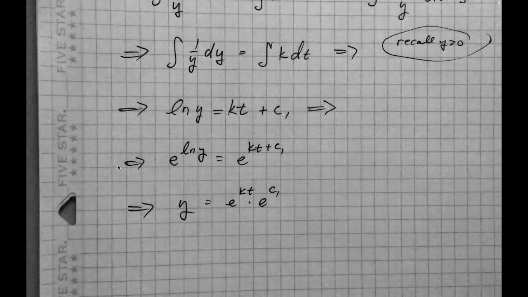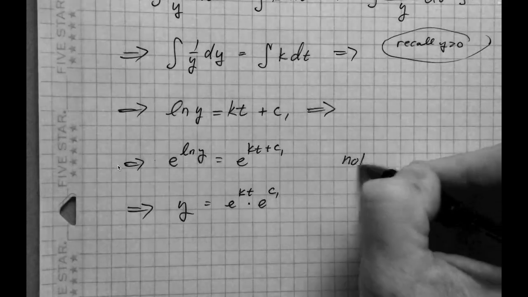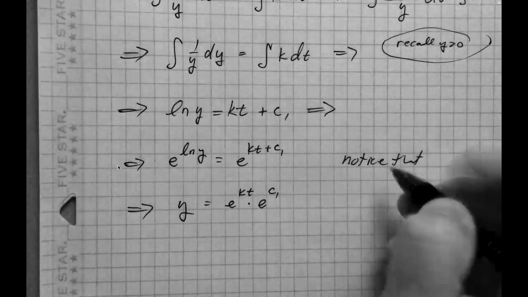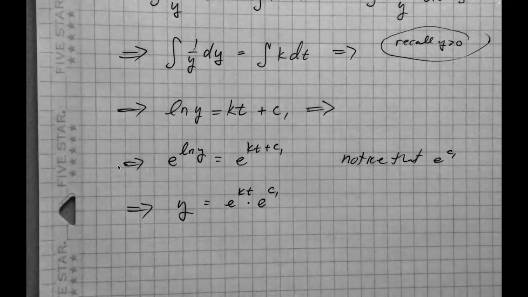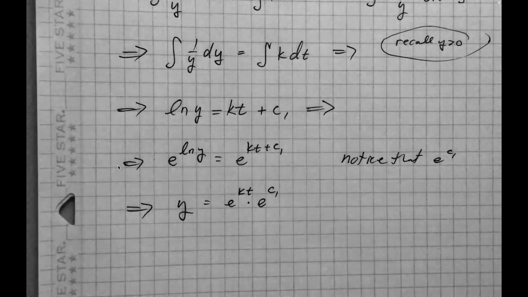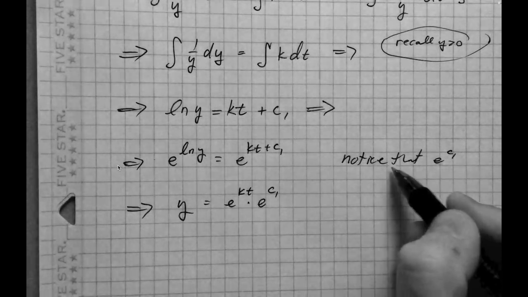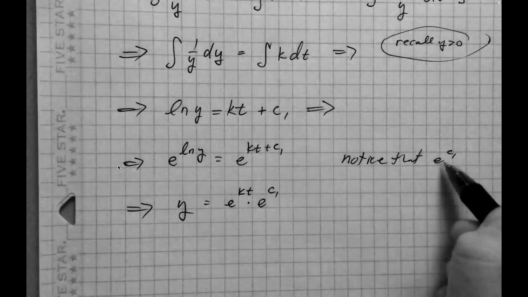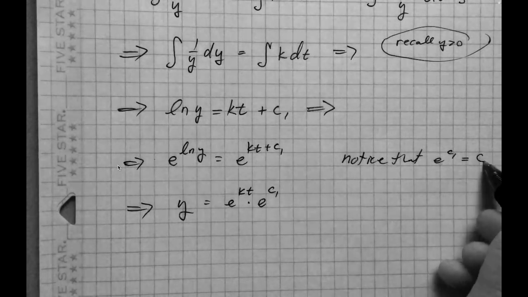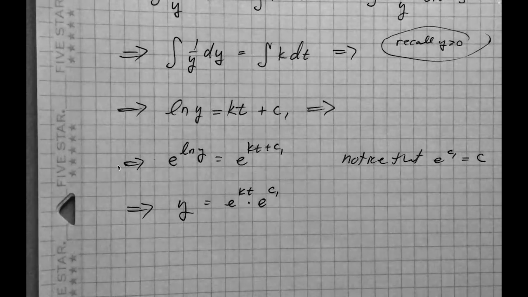Now notice that e to the c1, right? So c1 is some constant, and that means we're exponentiating e by some constant. And so what we can do here is rewrite e to the c1 as just your c. So whatever that c1 happens to be, you can easily rewrite it as just a c, e raised to that constant.